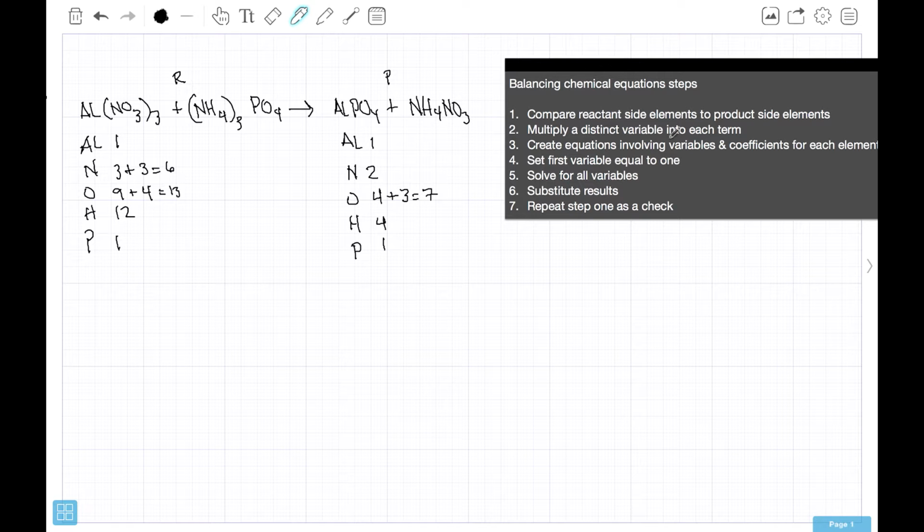So then it says multiply a distinct variable into each term. So just have to rewrite the equation.